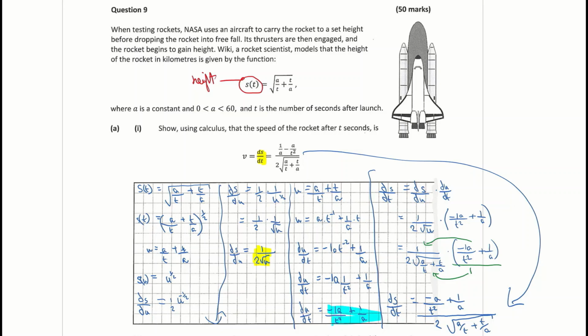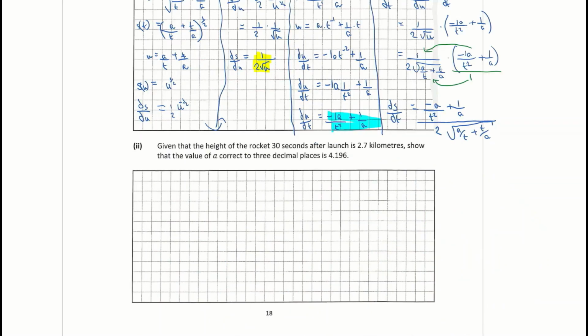So looking at part 2. Given that the height of the rocket 30 seconds after launch is 2.7 kilometers, show that the value of a, corrected to 3 decimal places, is 4.196. So our function s of t, or height in other words, is given as the square root of a over t plus t over a.